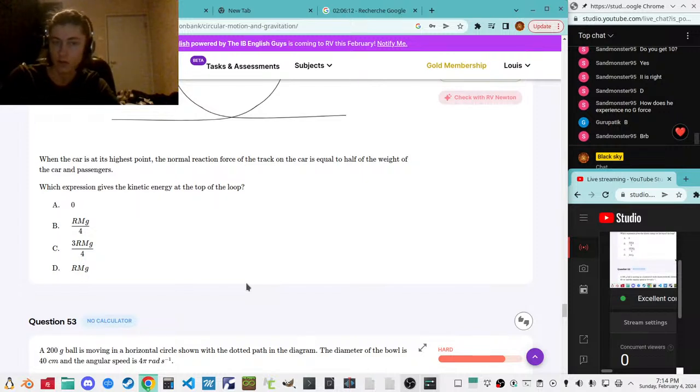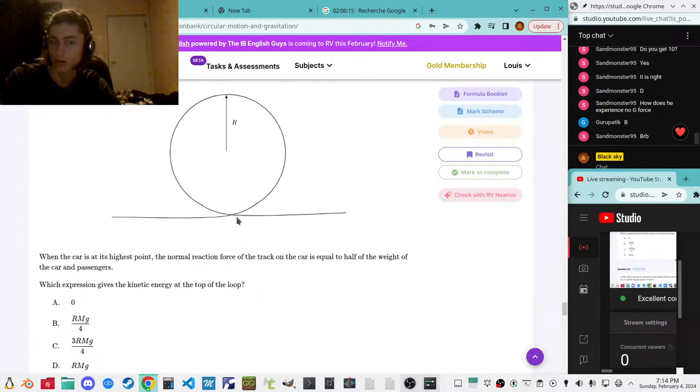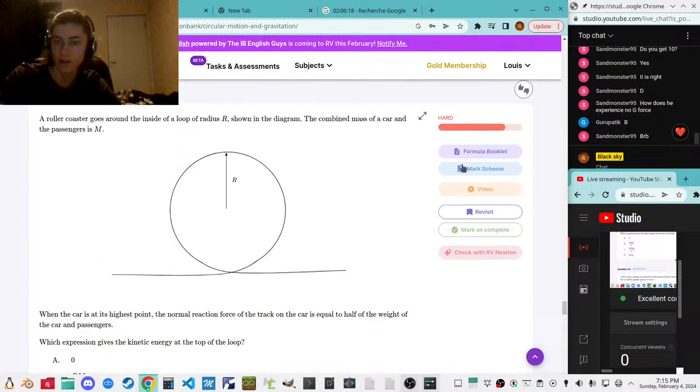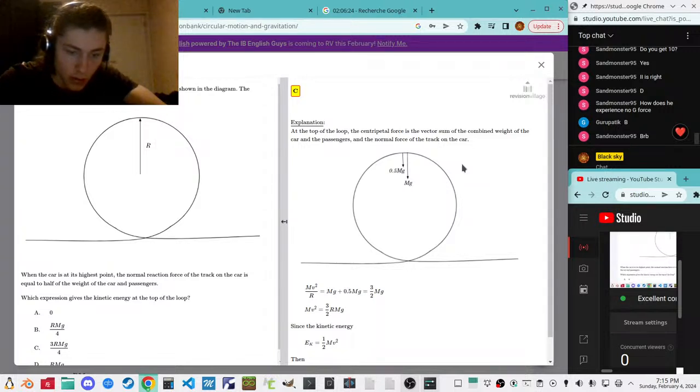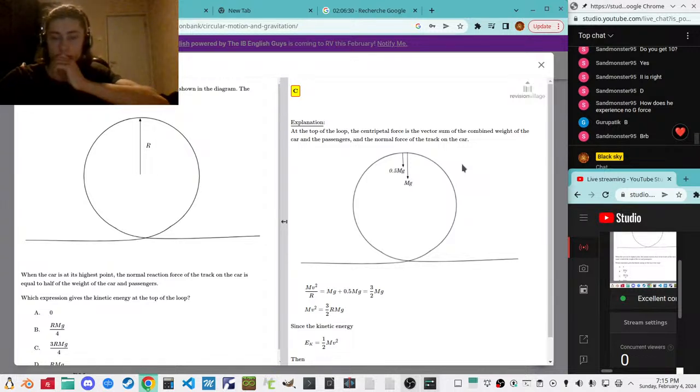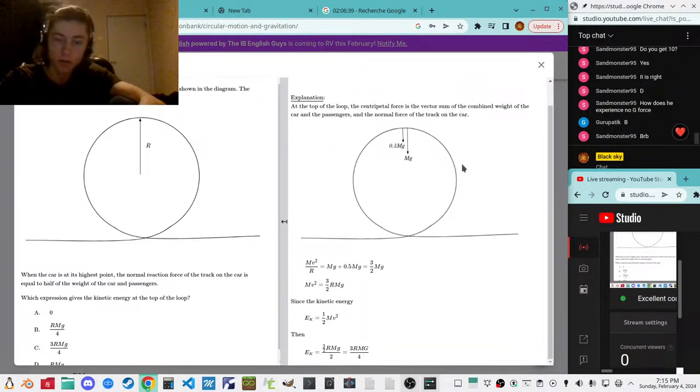M and then v squared is at the bottom. Let's see what they wanted. The velocity. Okay, 0.5.